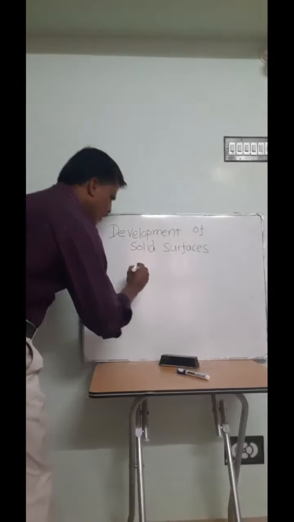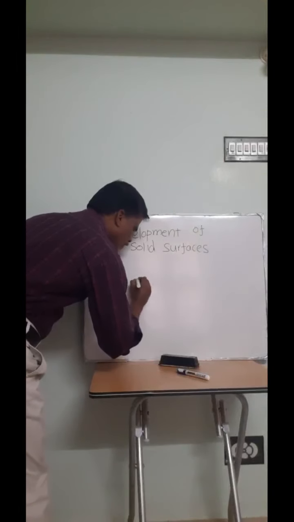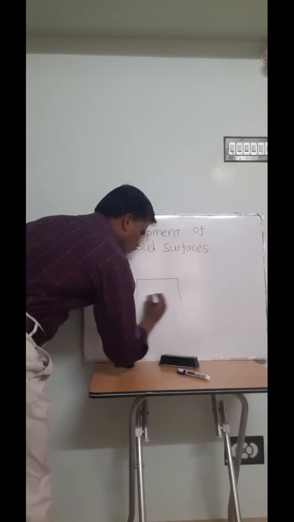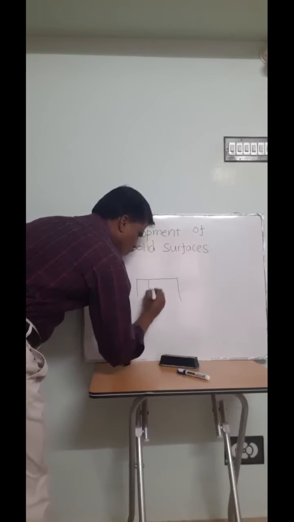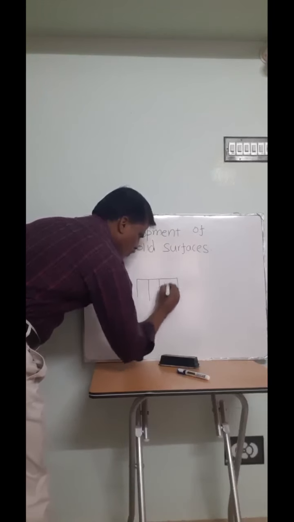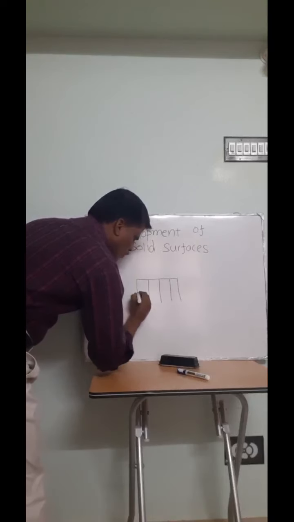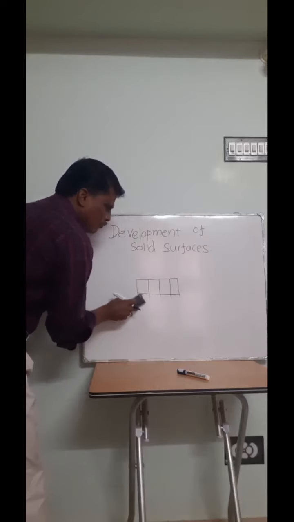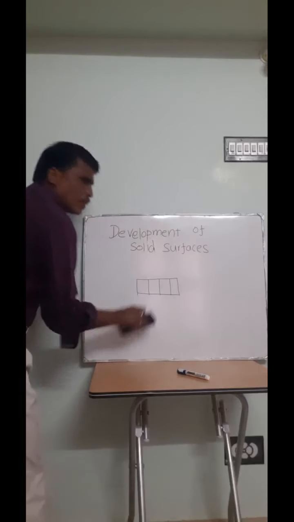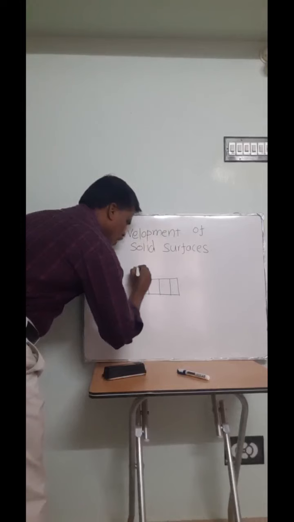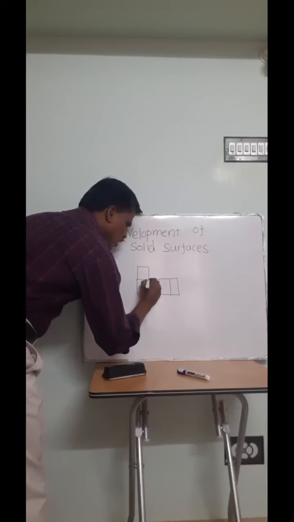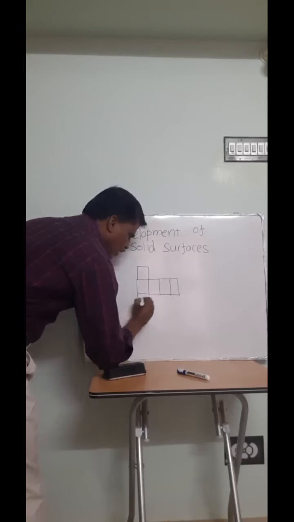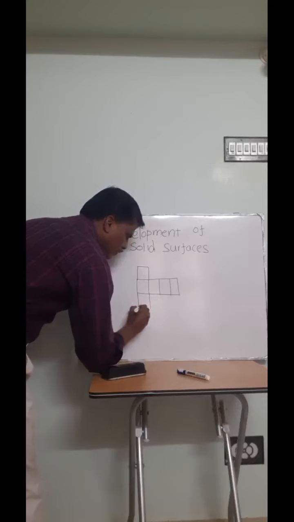So instead of cutting 6 squares, I am going to draw 4 squares like this, and on the top I am going to draw 1 square and at the bottom 1 square.